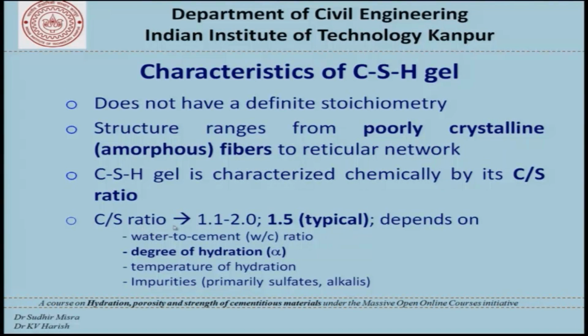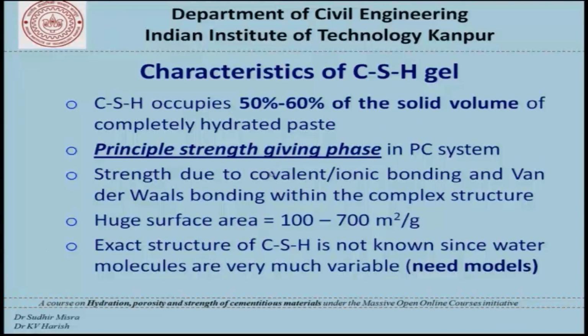C/S ratio typically ranges from 1.1 to 2, and many times 1.5 is what we generally find, and the C/S ratio primarily depends on very many parameters, including water to cement ratio, degree of hydration, temperature of hydration, and impurities like sulfates and alkalis. More information about the characteristics of the gel.